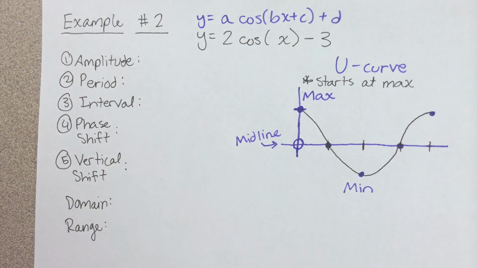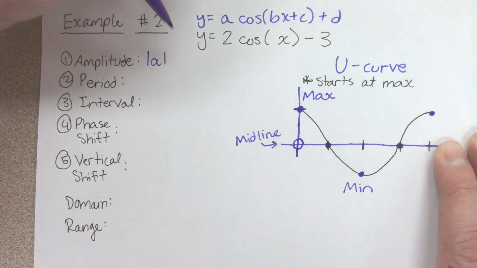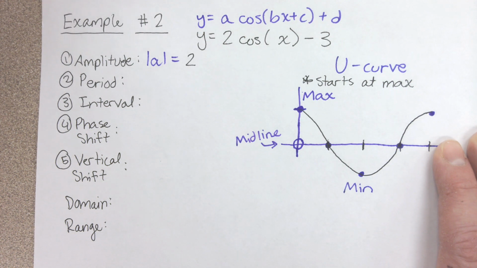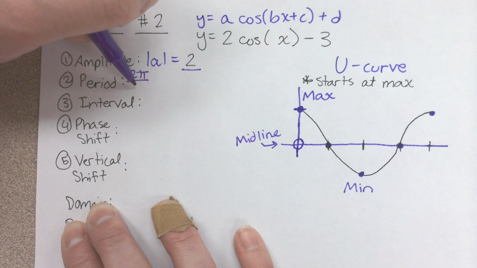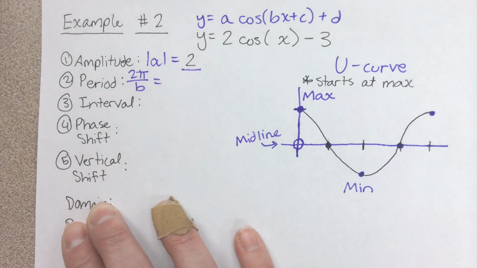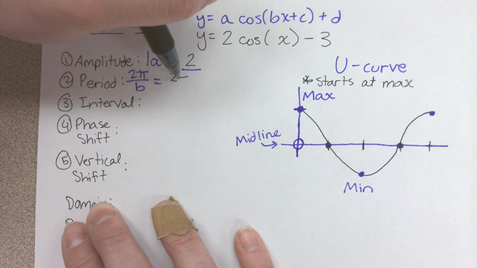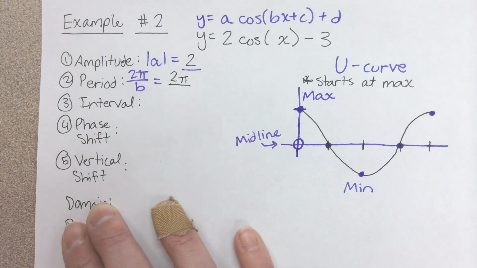All right, amplitude. This time we do have a number in A's spot. Absolute value of A is 2. Period, same formula, 2 pi over B. Two pi over, once again, our B here is just 1.